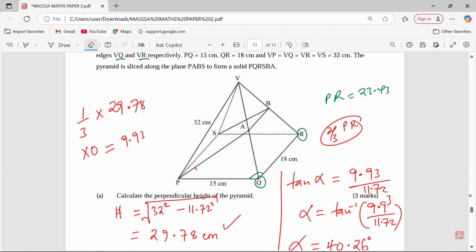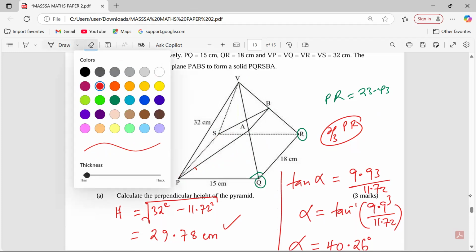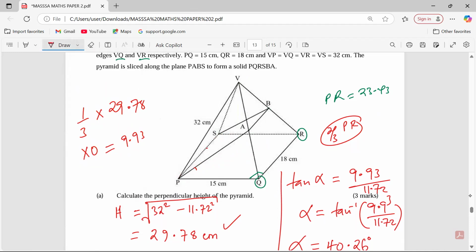We need first to get the angle between these two planes, which is the base and VSP. We need this angle first.